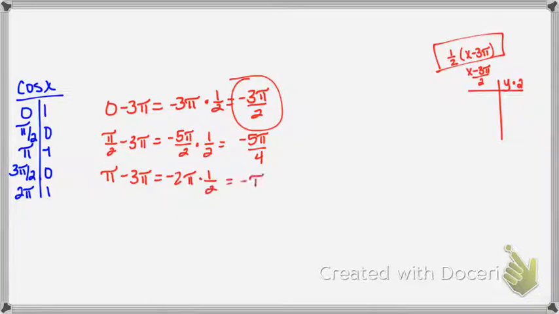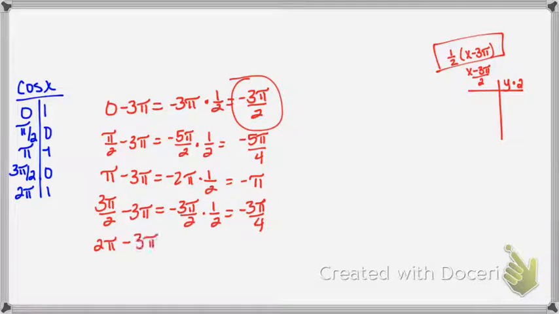That's negative pi. 3 pi over 2 minus 3 pi is negative 3 pi over 2 times 1/2, which is negative 3 pi over 4. And then 2 pi minus 3 pi is negative pi times 1/2. It's negative pi over 2.